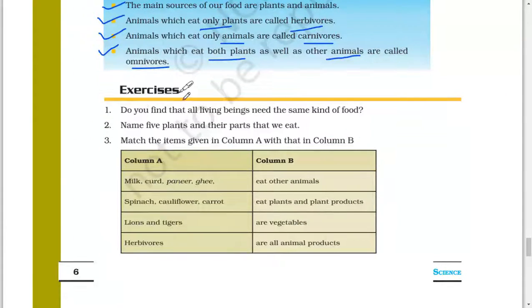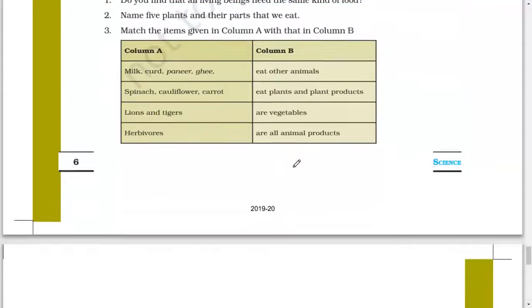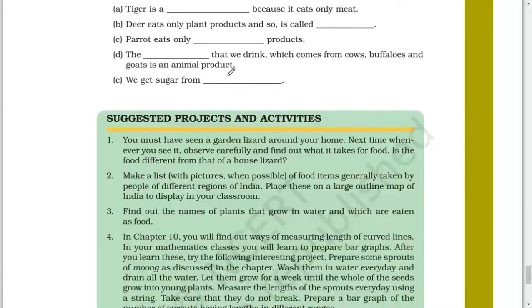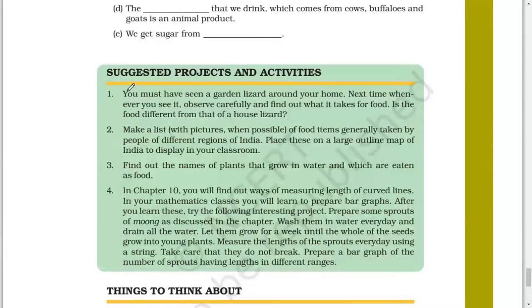Next, exercises. Suggested projects and activities. 1. You must have seen a garden lizard around your home.